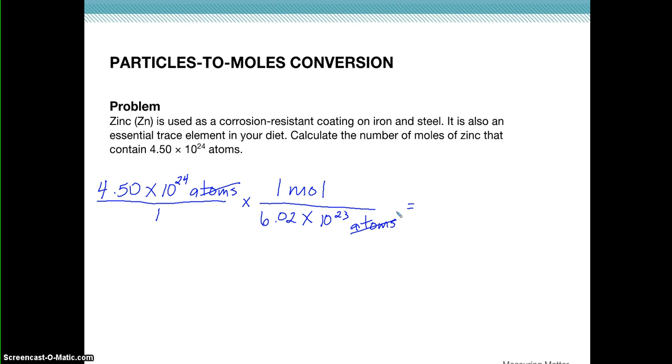We want to round to the correct number of sig figs. So we come back here to our original number. How many sig figs are there? There are 3. So we want to round our answer to have 3 sig figs, which is going to be 7.48 moles of zinc. And that is our final answer.